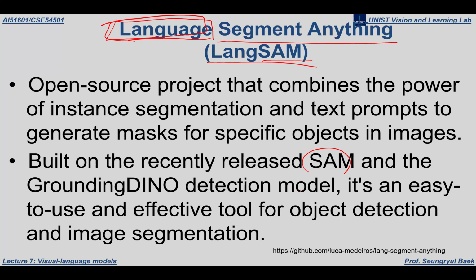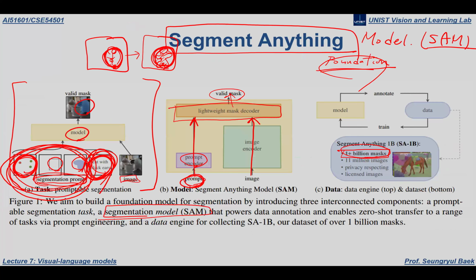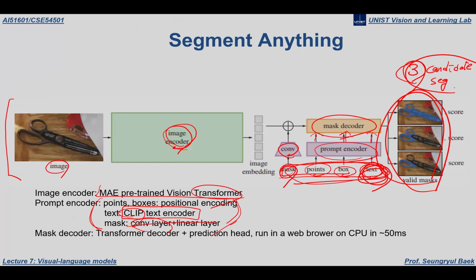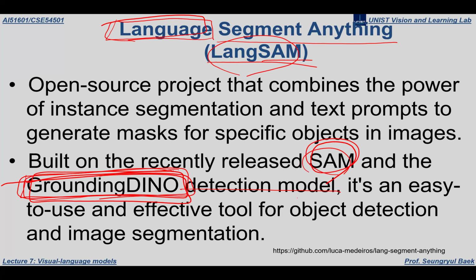Okay, so LangSAM is the combination of SAM with the grounding Dino algorithm. We already saw that grounding Dino can detect some new classes which are unseen during the training. For example, the World Cup or the left lions can be detected using grounding Dino, and they have this type of bounding box information, and then we can further apply SAM after grounding Dino's output.